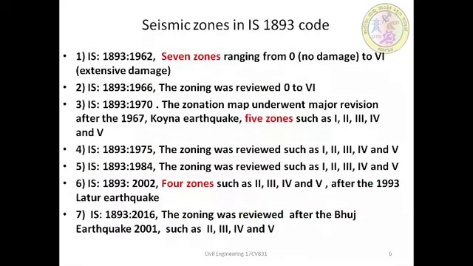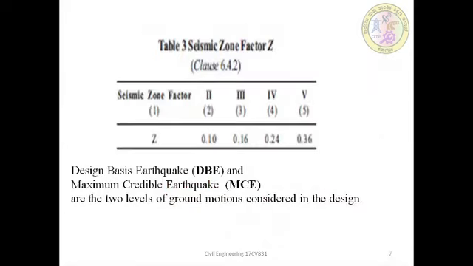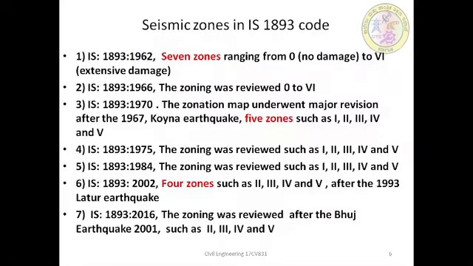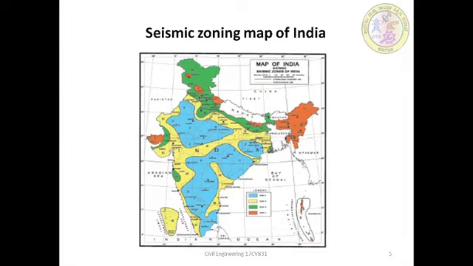Here it is a map of India with the different seismic zones, and as far as our Karnataka state is concerned, it is seismically quite stable, and most of it belongs to zone 2 only. Only coastal Karnataka and some parts of the north are in zone number 3.